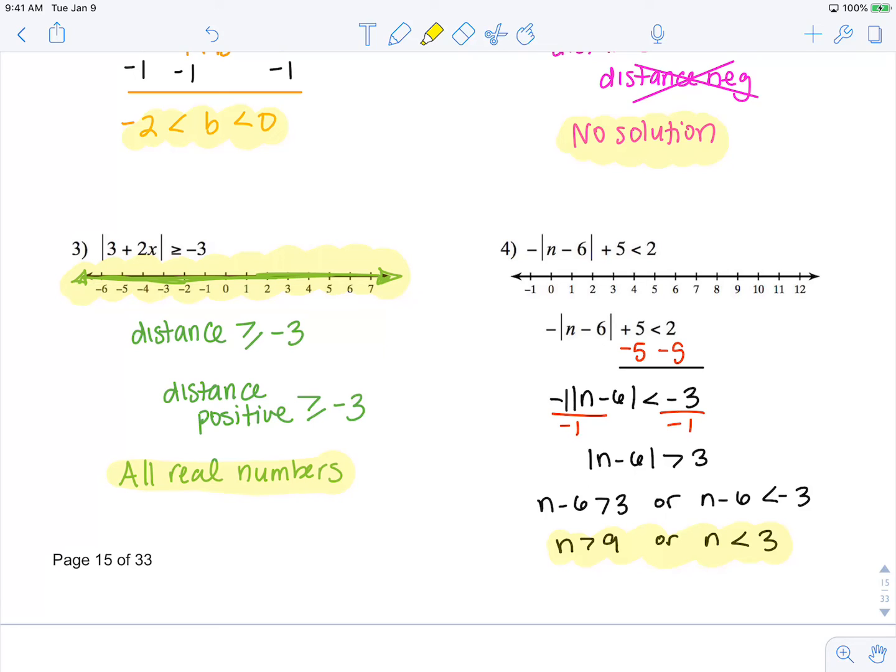So if I graph that on a number line, greater than 9 would be a parenthesis, shade to the right. Less than 3 is a parenthesis, shade to the left. So any numbers we pick in those intervals, if we plug them in, it will make a true statement.